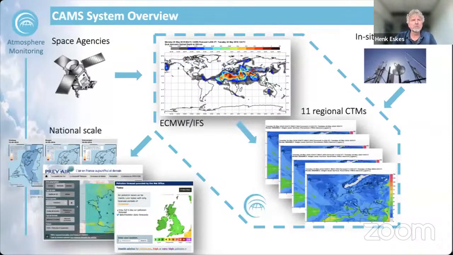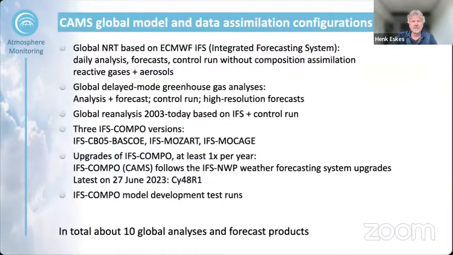And then CAMS is providing a whole host of products. For instance, national authorities can use the CAMS data for air quality analysis and forecast for their own countries. So that's very brief what CAMS is about.